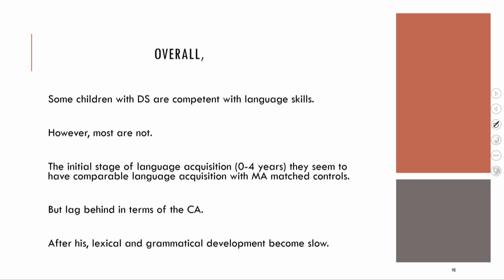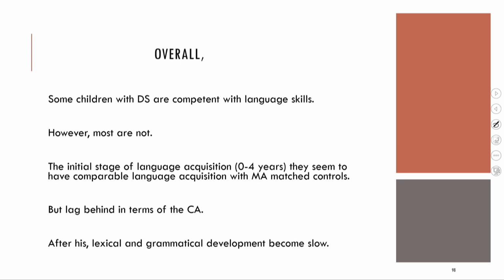In the initial stage of language acquisition, that is 0 to 4 years, they seem to have comparable language acquisition with mental age matched controls, but lag behind the chronological age matched controls. That is the initial stage, but after that, lexical and grammatical development become very slow.